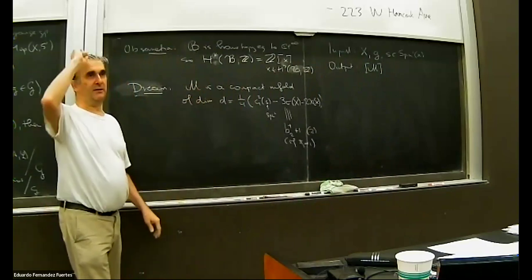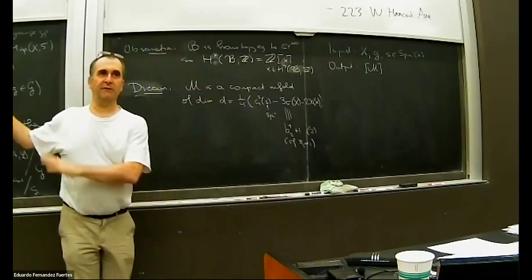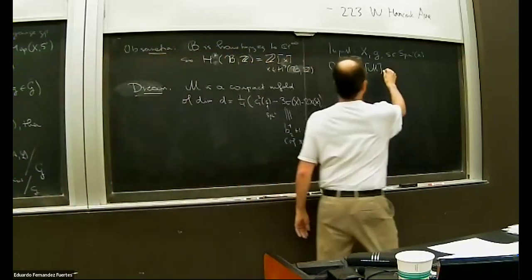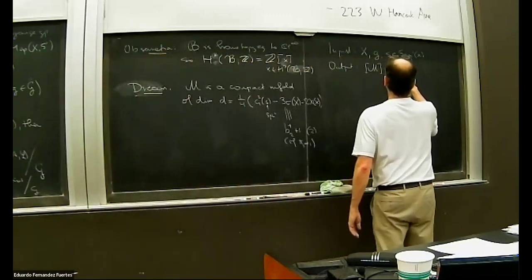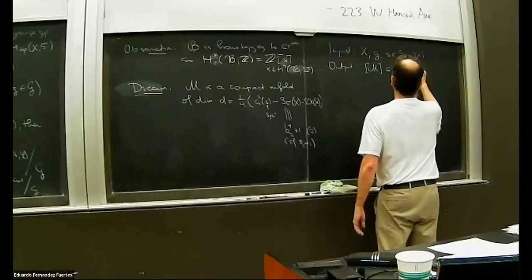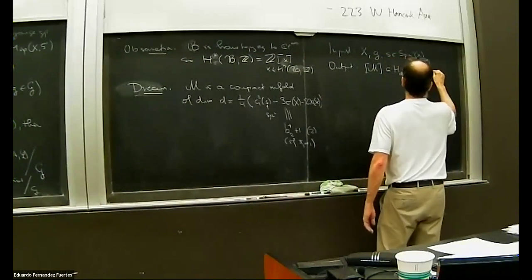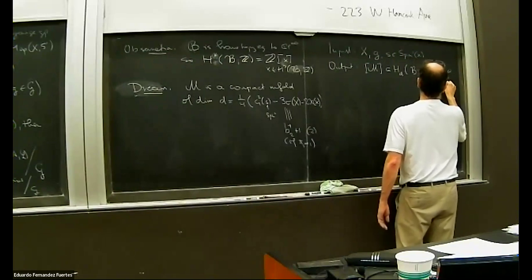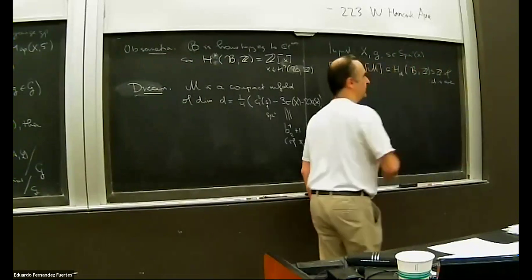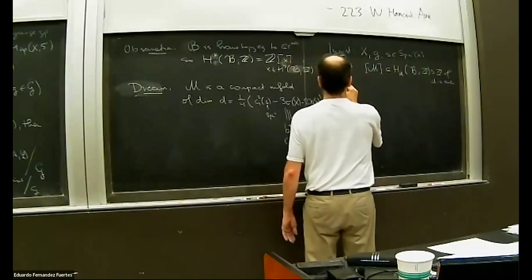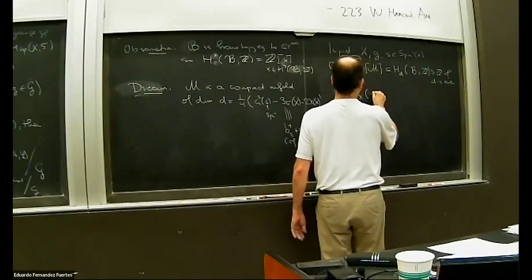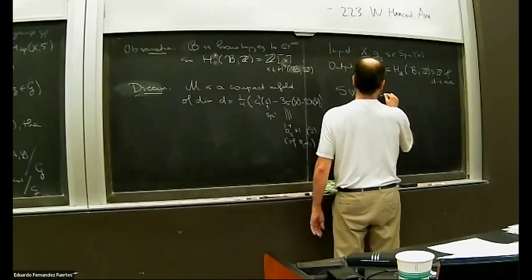And in fact, you can pick an orientation by fixing some extra data, which I will not go into. You get a fundamental class in H_d of B, Z, which is isomorphic to Z if d is even. And then you just get a number. So Seiberg-Witten of X, S is this number.